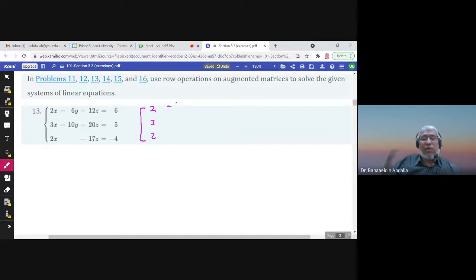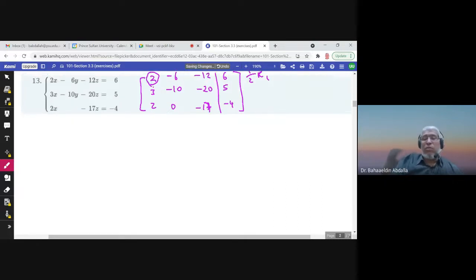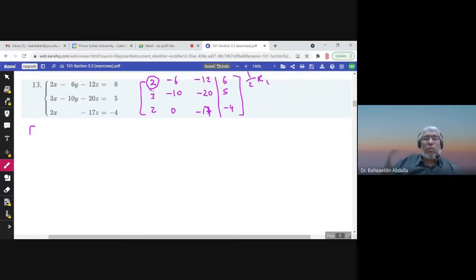Coefficients of X, coefficients of Y, coefficients of Z. I need this number to be 1, so I will divide by 2. I'm dividing row 1 by 2.